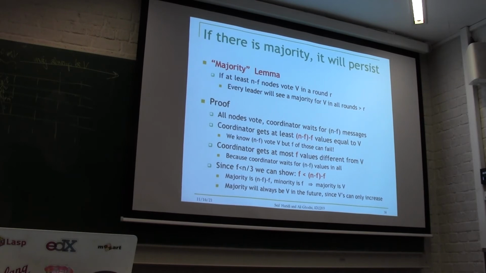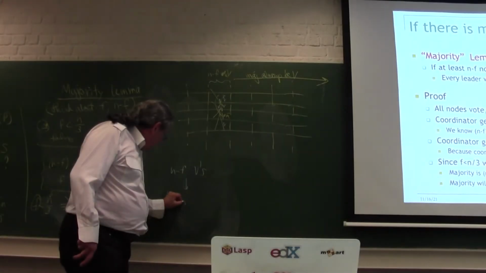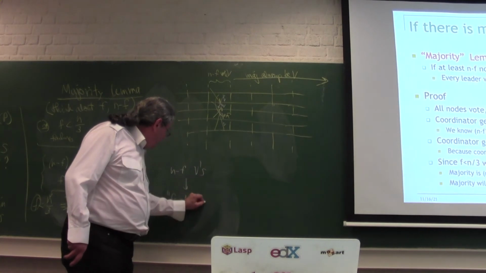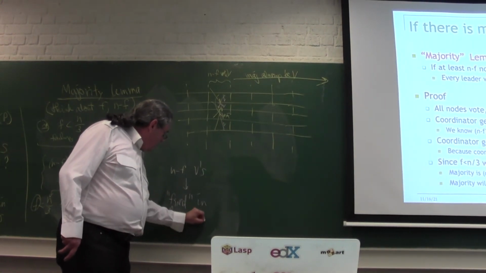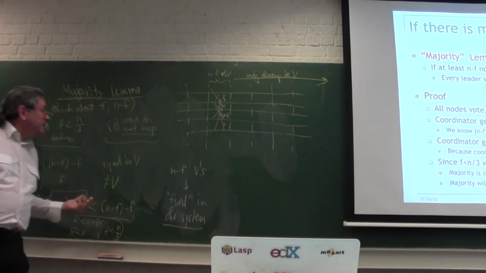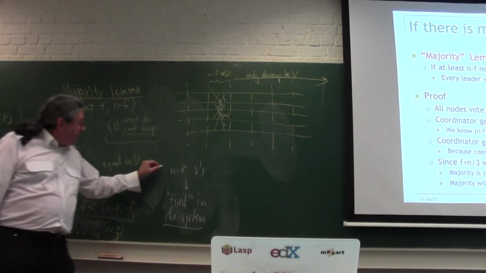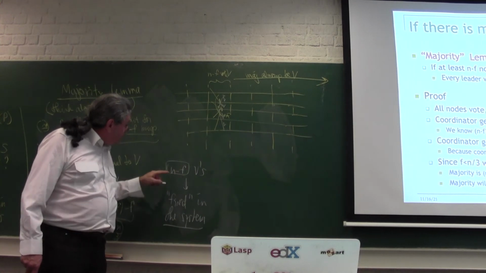Once you have n minus f v's, it gets fixed in the system. It never goes away anymore. You see that? And why is that? Because it's the majority. And why is it the majority?